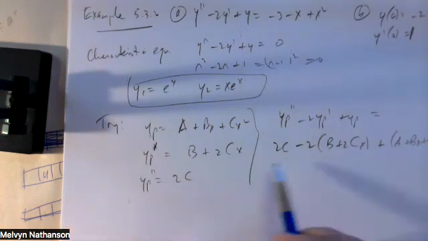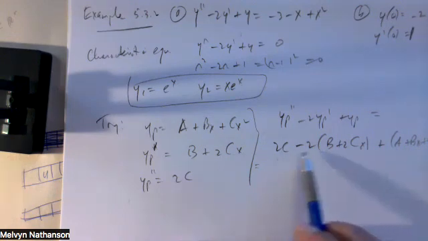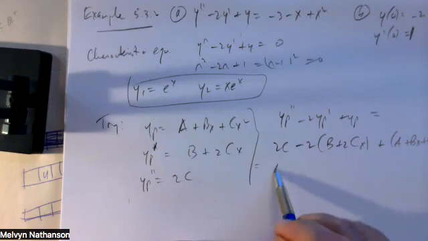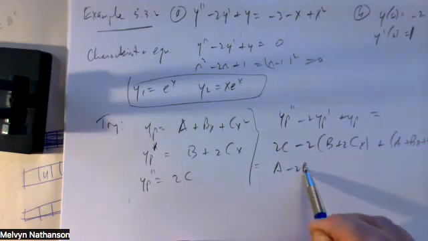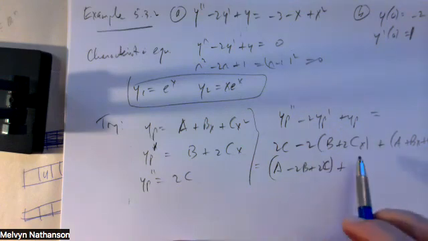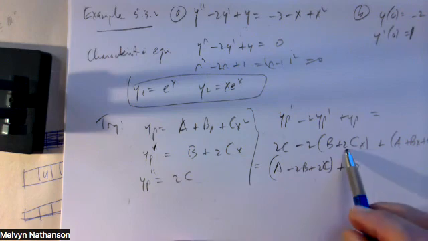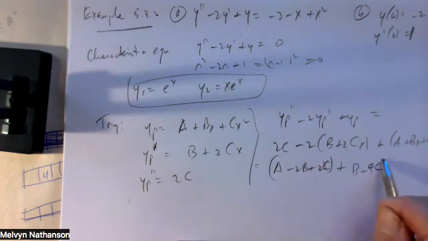This is all quadratic. If I collect the terms, what is the constant term? 2c minus 2b plus a. And the coefficient of x is b minus 4c. And the coefficient of x squared is c.